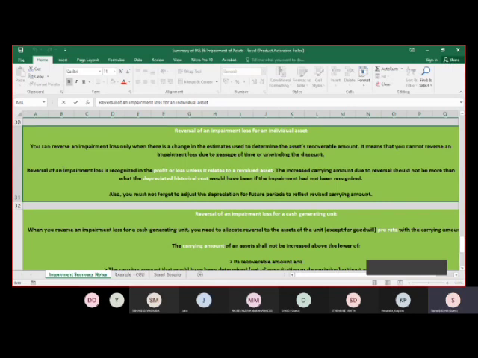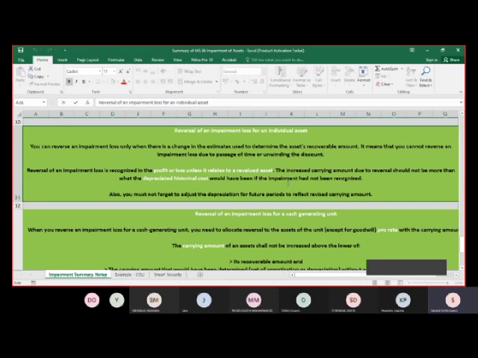Reversal of an impairment loss is recognized in the profit and loss unless it relates to a revalued asset. The increased carrying amount due to reversal should not be more than what the depreciated historical cost would have been if the impairment had not been recognized. So basically, guys, what is happening here is that if previously you had impairment, then in a subsequent year you reverse the impairment, you must also do the calculation for the original carrying amount of the asset, excluding impairment, meaning that you must take the cost minus accumulated depreciation for that asset, excluding impairment.